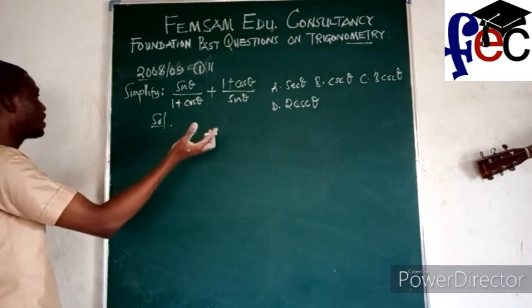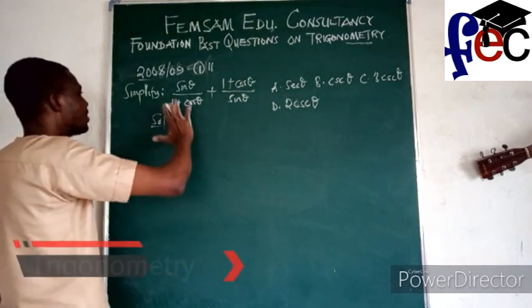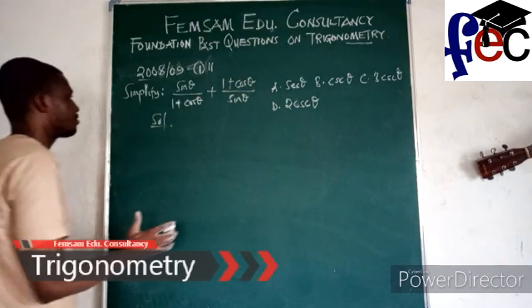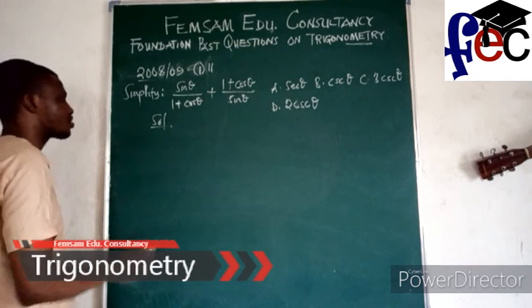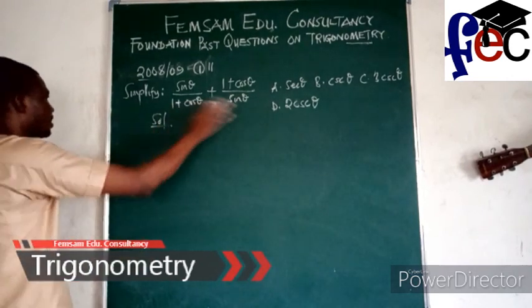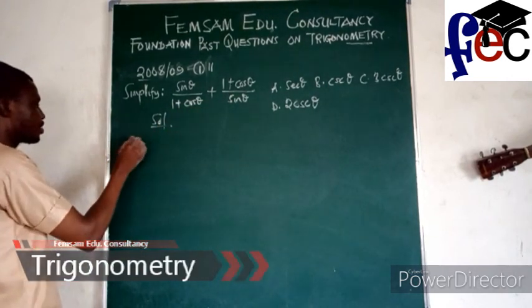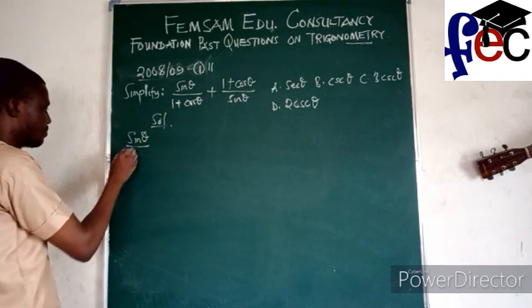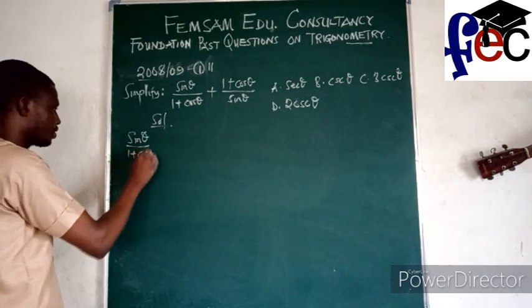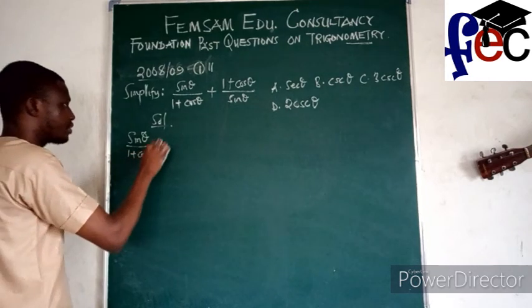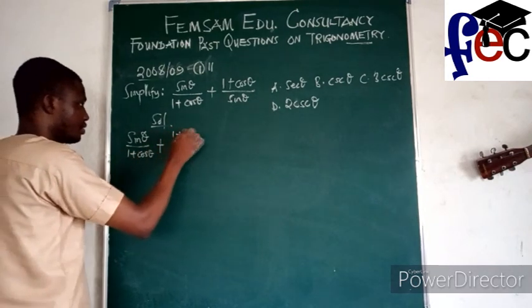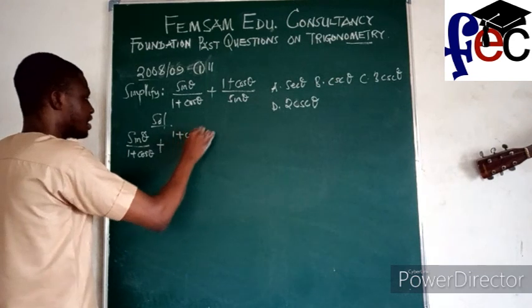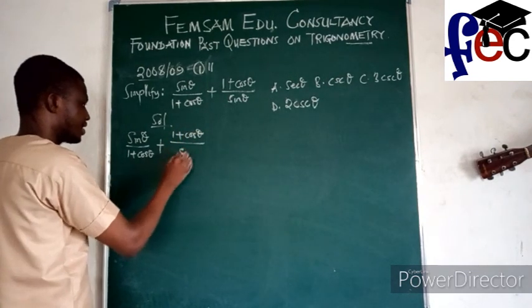What we are going to try and do is to see if we can express this as a single fraction. It's like addition of two fractions. So we have sine theta over 1 plus cos theta, plus 1 plus cos theta divided by sine theta.